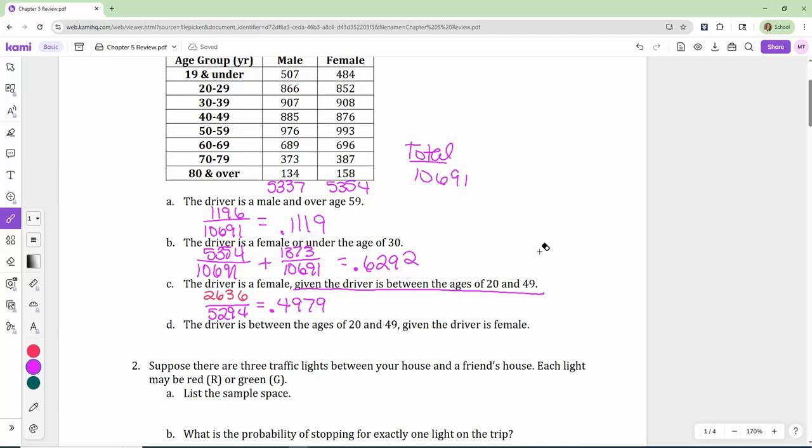The driver is between the ages of 20 and 49, given the driver is female. So I already know I have a female. So my denominator is the total number of females, 5,354. Out of those females, I want everybody 20 to 49. So that's those three.